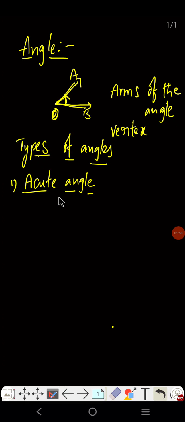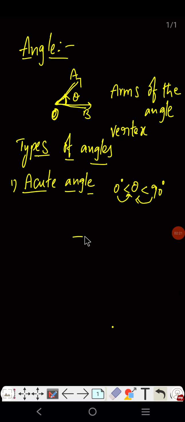If the angle is denoted by the symbol theta, then theta lies between 0 and 90 degrees, that is, theta is more than 0 and less than 90. Then that angle is called an acute angle.